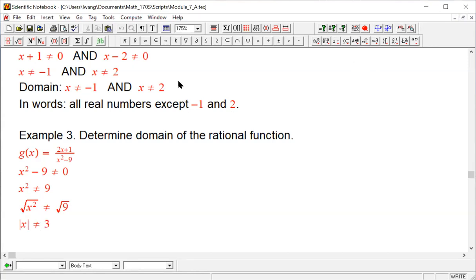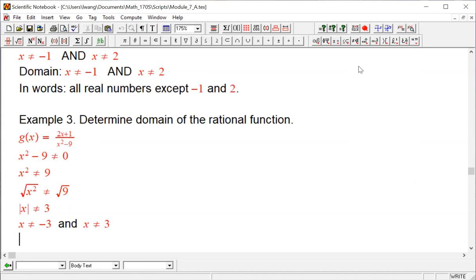As a result, the domain would be x cannot equal -3 and x cannot equal 3. So the domain is x cannot equal -3 or +3.